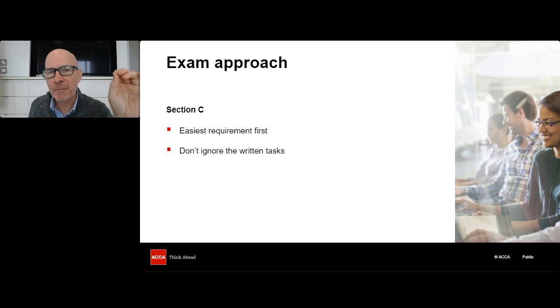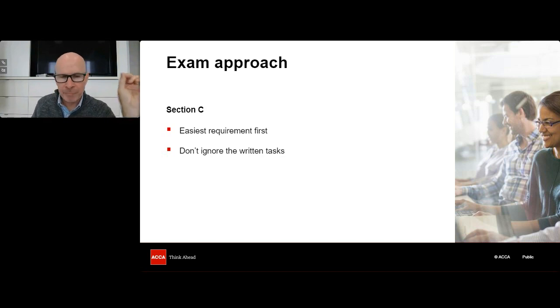Classic reason for a marginal fail: you put all of your effort into calculating variances, but there were 8 marks for evaluating the performance of the manager. I would do those evaluation marks first and then go on to the calculation marks.